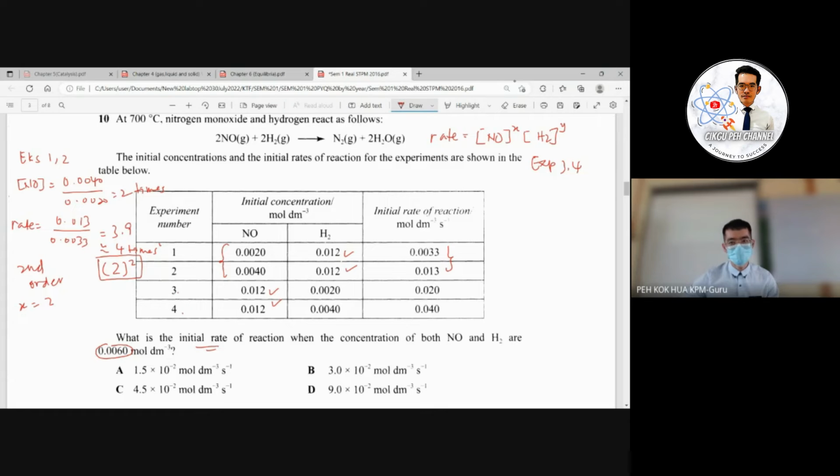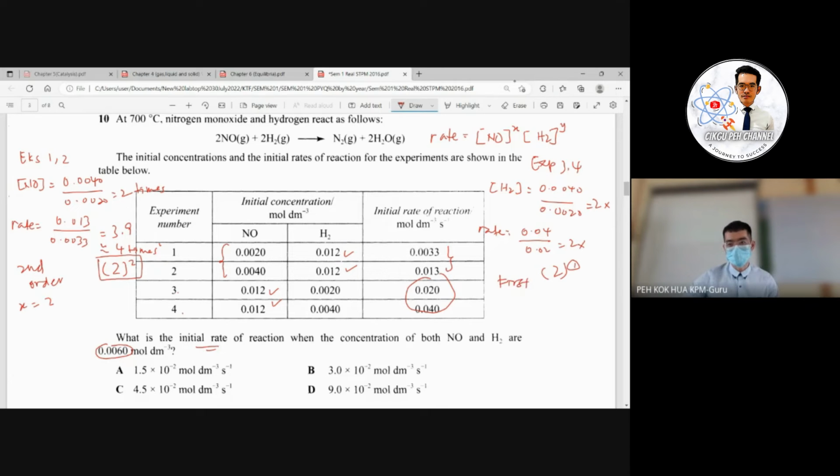The concentration of H2 increases 2 times: 0.004 divided by 0.0020, so 2 times. How about the rate? You can see 0.04 divided by 0.02, we also get 2 times. So that means H2 is order 1, only first order.